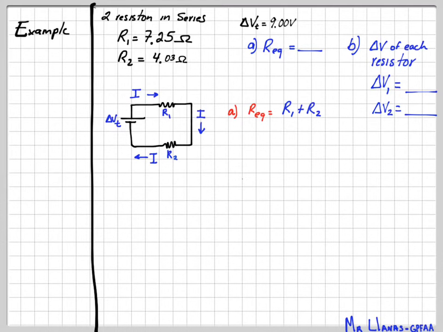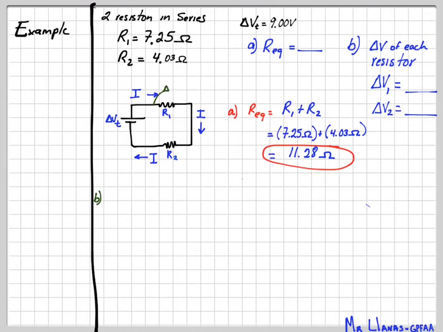So the first thing we need to do is find the equivalent resistance, which is just the addition of all the resistors that are there. And if you do that, you get 11.28 ohms. After that, we need to find the voltage. But in order to find the voltage, we need the current, because remember that voltage equals IR.